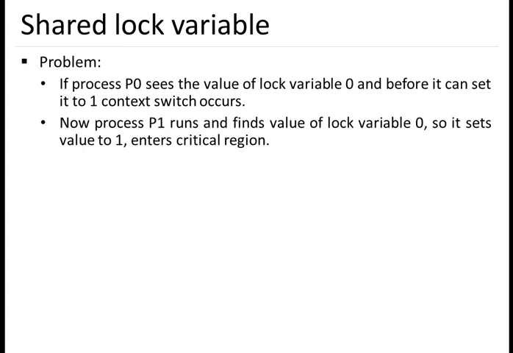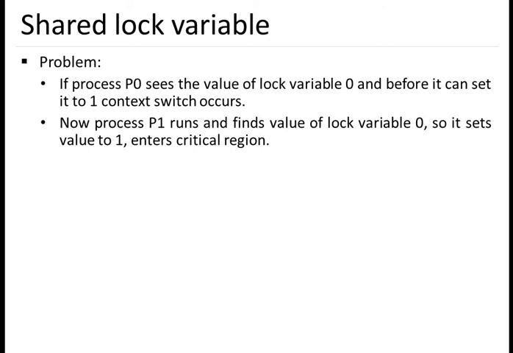Now process P1 runs and finds the value of variable lock 0, so it sets the value to 1 and enters the critical region. The value of this lock has not been updated by process P0 due to the context switch.